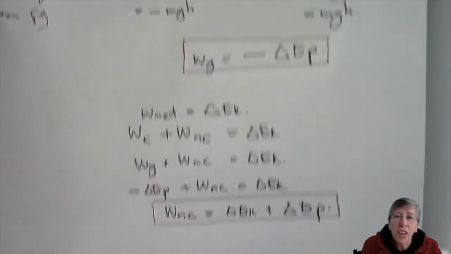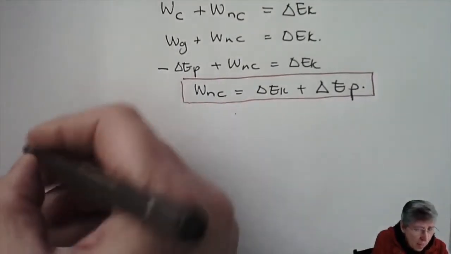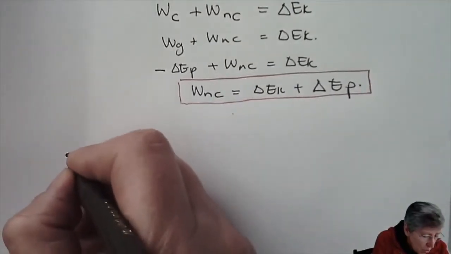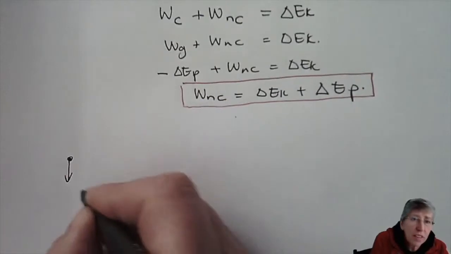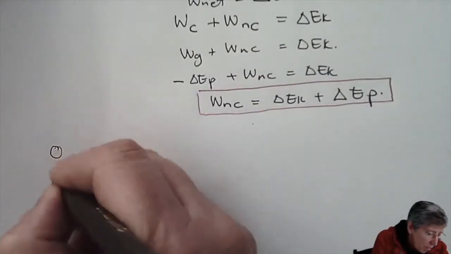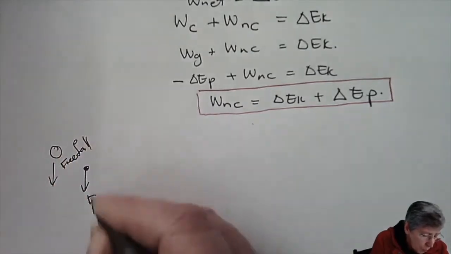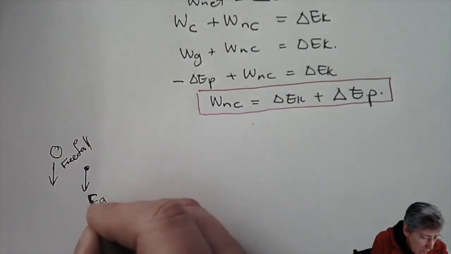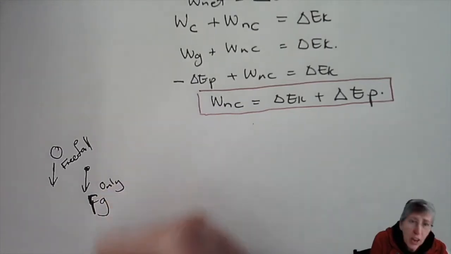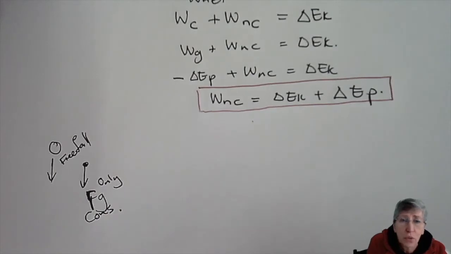Right, but we're still not finished with using our non-conservative forces. Now let's think about something where you've only got gravity, right? Where gravity is the only force working on it. Say, for instance, you have an object that is in free fall. Free fall, gravity is the only force acting on that object, and gravity is a conservative force, right?